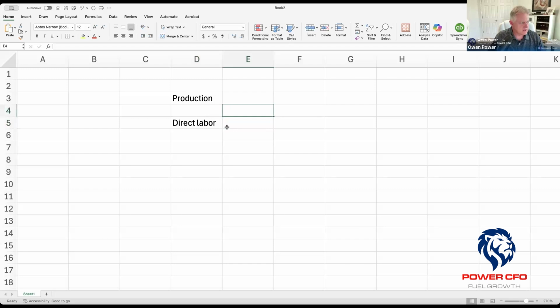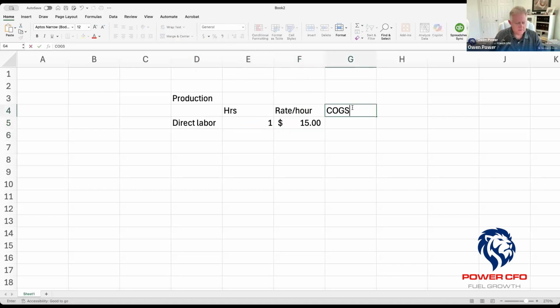And let's assume, and we'll keep it simple, it's 1 hour, and we'll have the rate at, say, $15 per hour. So that means that the amount that gets included in cost of sales for an order is going to be 1 hour at $15. So in other words, $15.